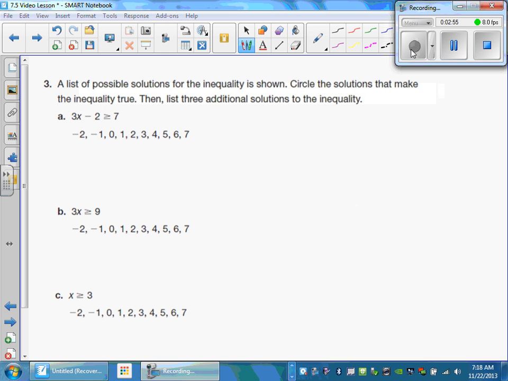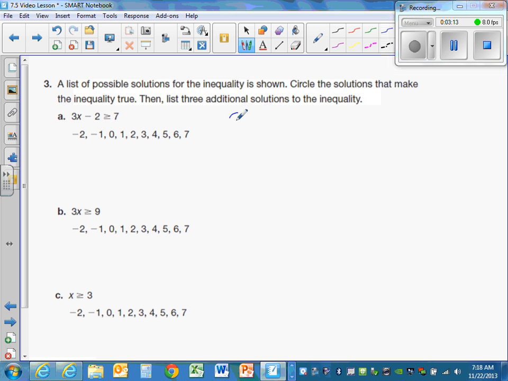For number 3, A, B, and C, they want you to circle the solutions that make the inequality true and then list 3 other solutions that fit the inequality. So first you have to solve the inequality just like we did with the equation before. So our inequality is 3x minus 2 is greater than or equal to 7.